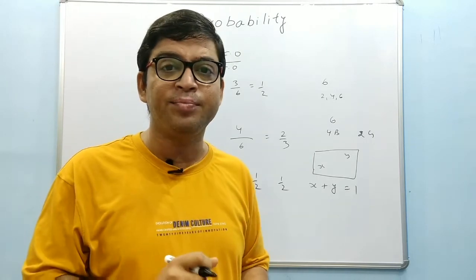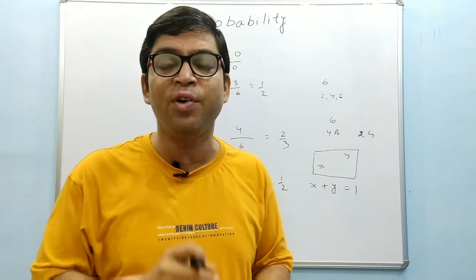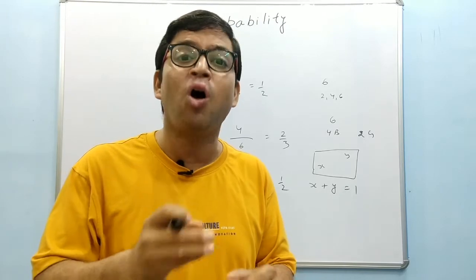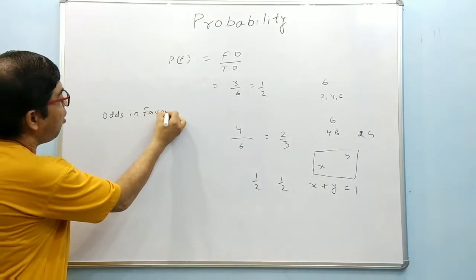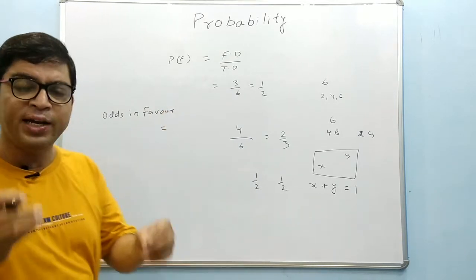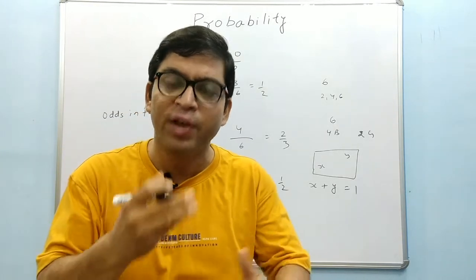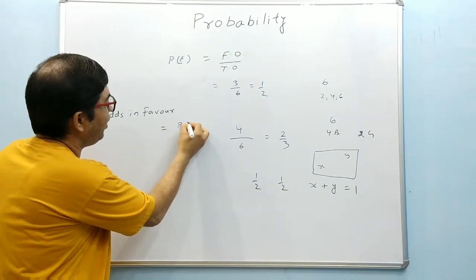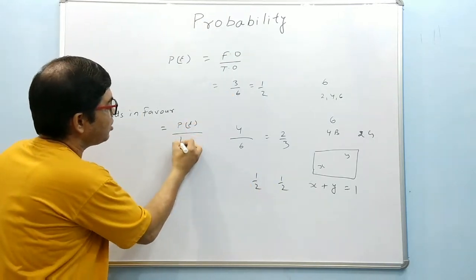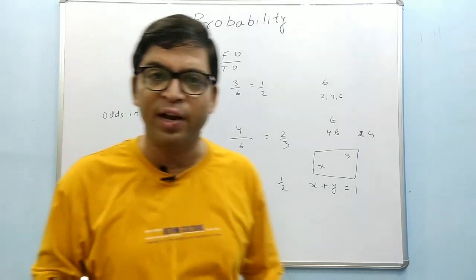Now we will see what is odds in favor and what is odds against an event. Odds in favor of any event, I just say in local language, is chance of winning by chance of losing. That means chance of happening of the event divided by chance of non-happening of the event.